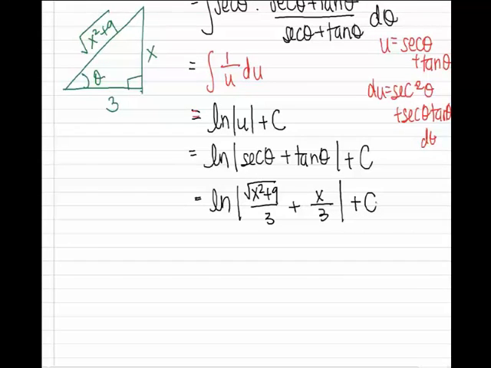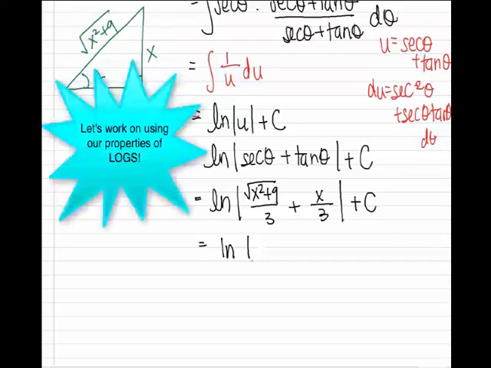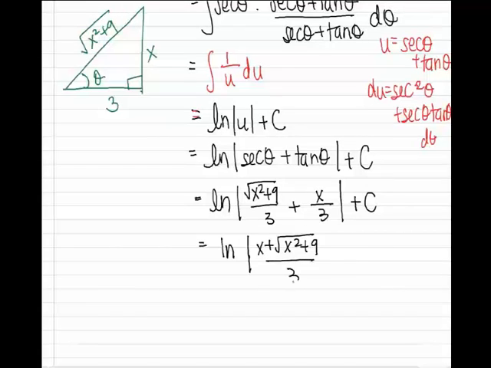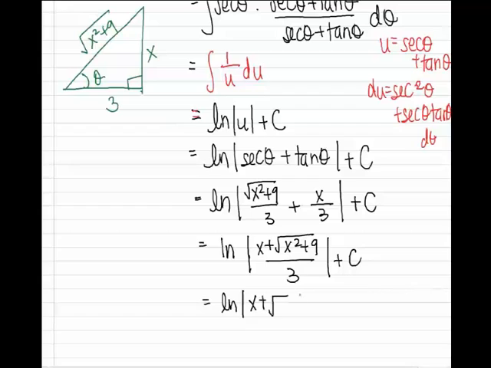Now I just want to do something a little different here and share with you guys how we can rewrite this. We can combine these two to be x plus square root of x squared plus 9 all over 3. And then I can separate this natural log using my properties of logs and make this minus ln of 3, which is simply a constant.